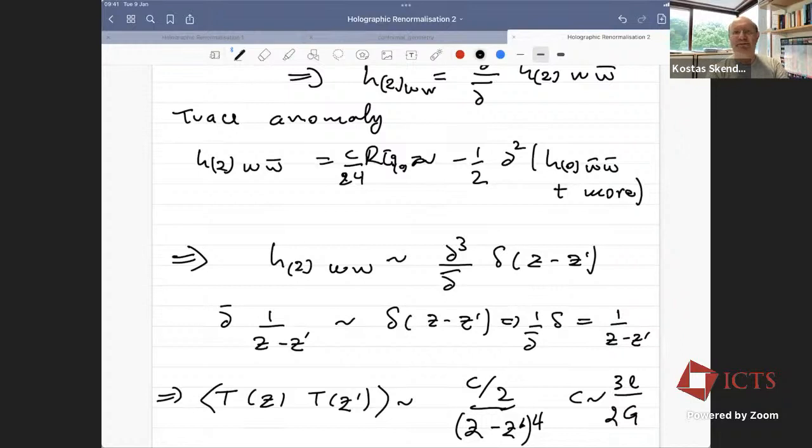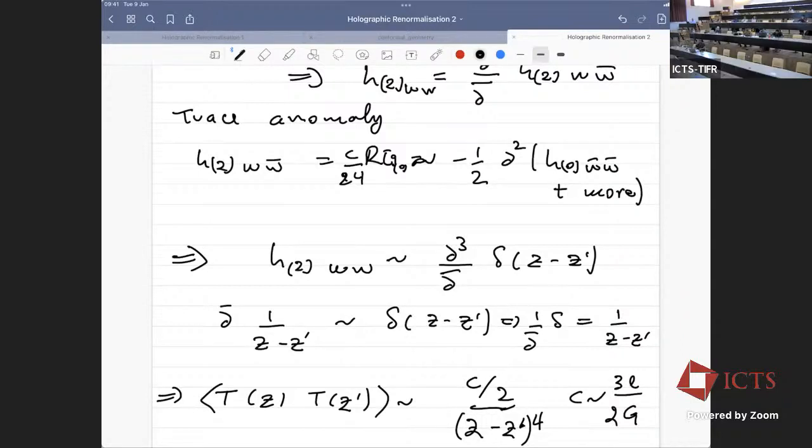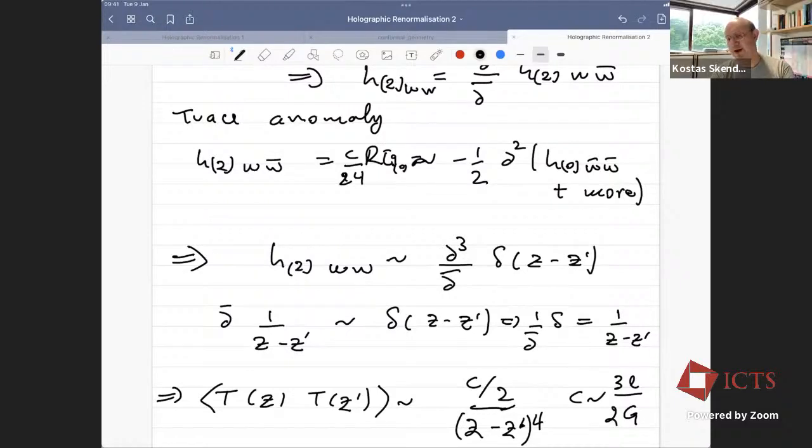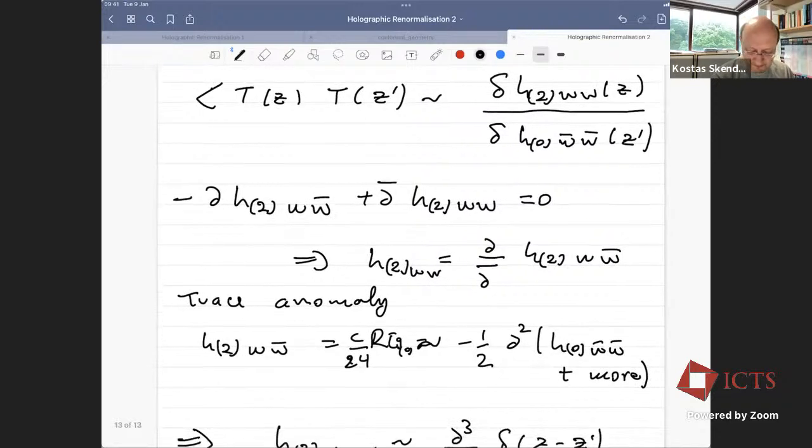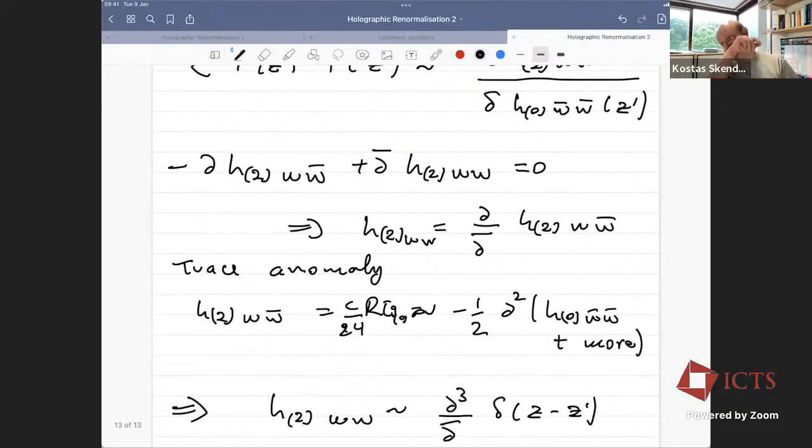Okay, questions? In this way, we can calculate the 2-point function only when this expansion of the metric exists, right? Well, in this way, you can calculate 2-point functions in all cases. You can use holography. Here, the simplicity in 2 dimensions was that first, it was very easy to write the linearized equations, and secondly, it was very easy to solve them by using this 1 over d bar calculus.